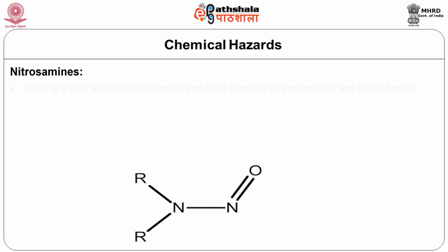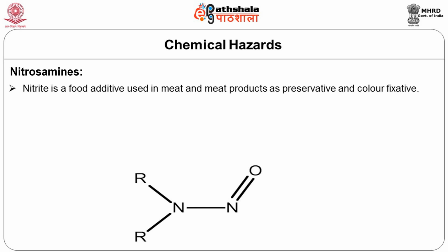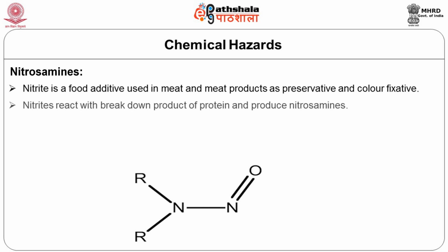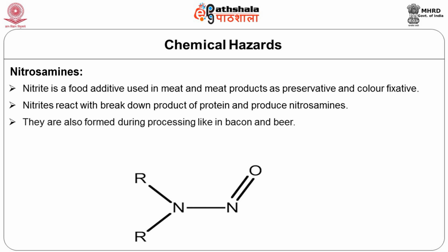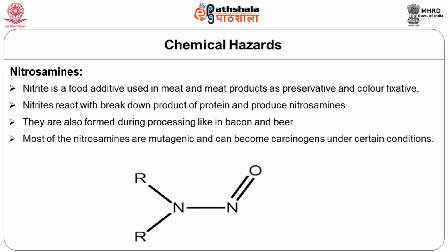It is due to the additive that we generally use in meat. Nitrite is a food additive that is used in meat and meat products as a preservative or color fixative. Nitrites react with breakdown products of protein and produce nitrosamines. These are also formed during processing like bacon and beer. Most of these nitrosamines are mutagenic and they can become carcinogens under certain conditions. Nitrosamines are generally detected in cured meats.